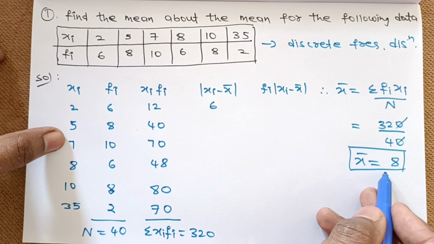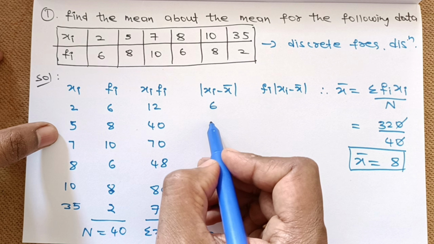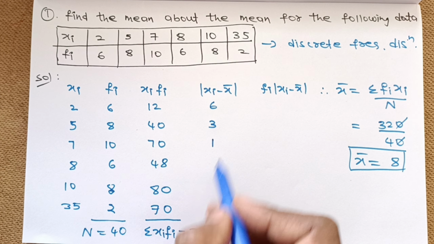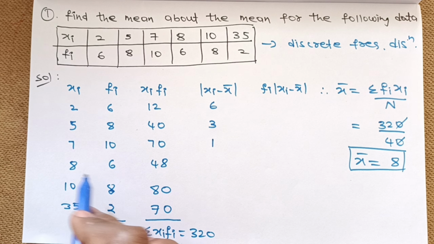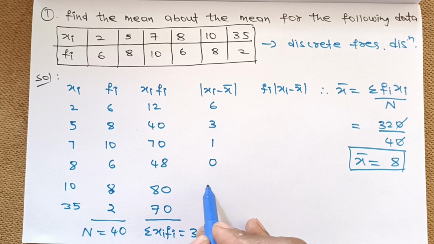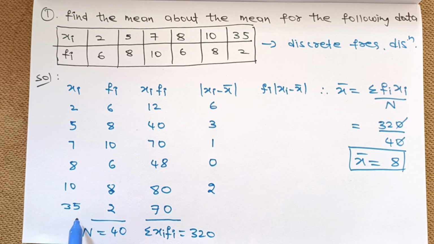Next 5 minus 8, that is 3. 7 minus 8, 1, write positive only because modulus is there. 8 minus 8 is 0. 10 minus 8 is 2. 35 minus 8 is 27.